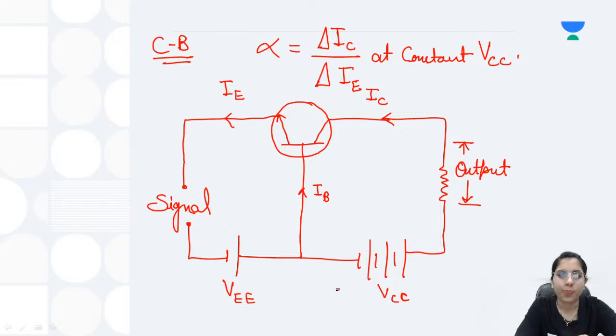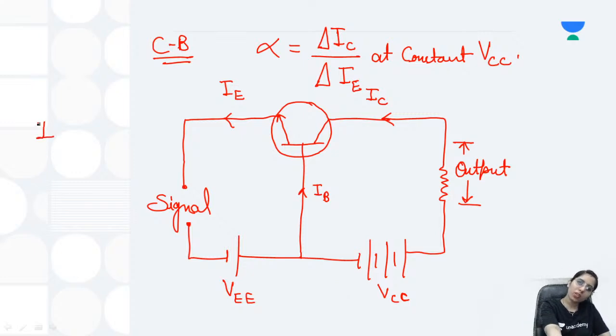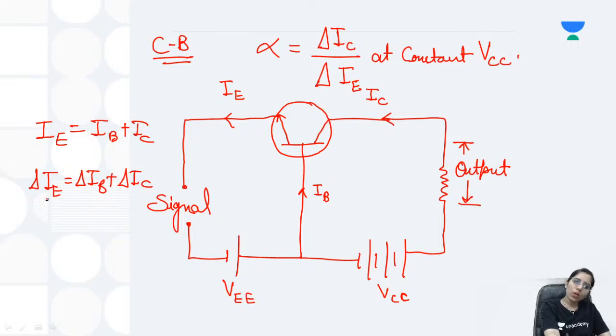Now in this case, you know the emitter current will be greater than the collector current, because you have the relation IE is equal to IB plus IC. So delta IE will be equal to delta IB plus delta IC. IE alone is equal to the sum of IB and IC, which means IE is greater than IC.